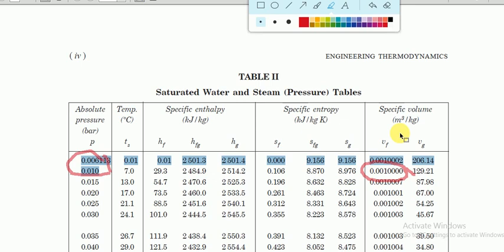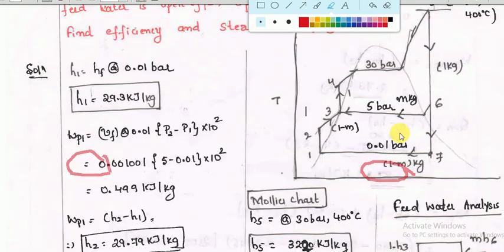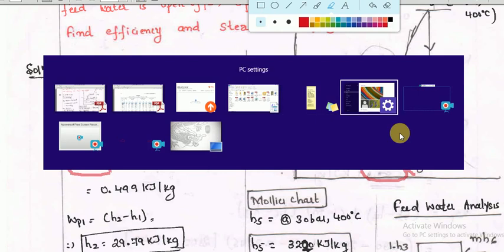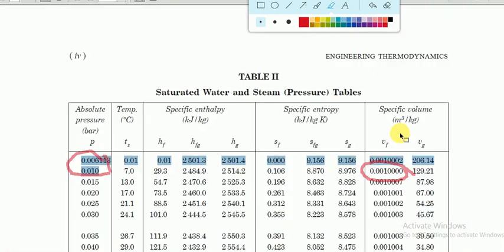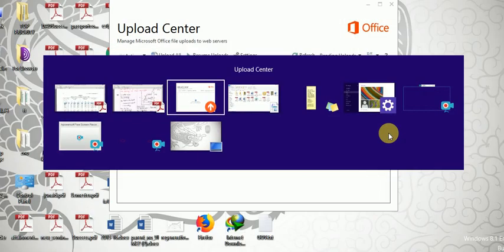So we will note down this volume of the fluid and calculate the pressure.